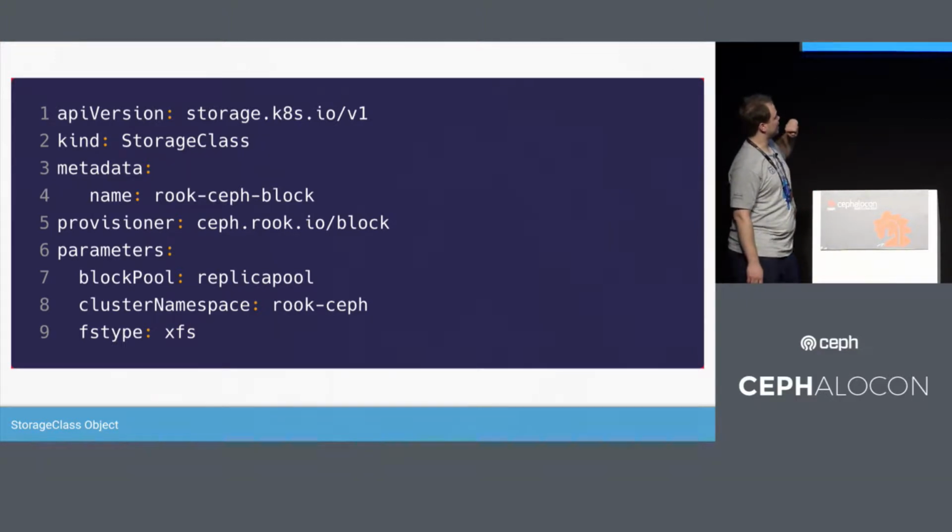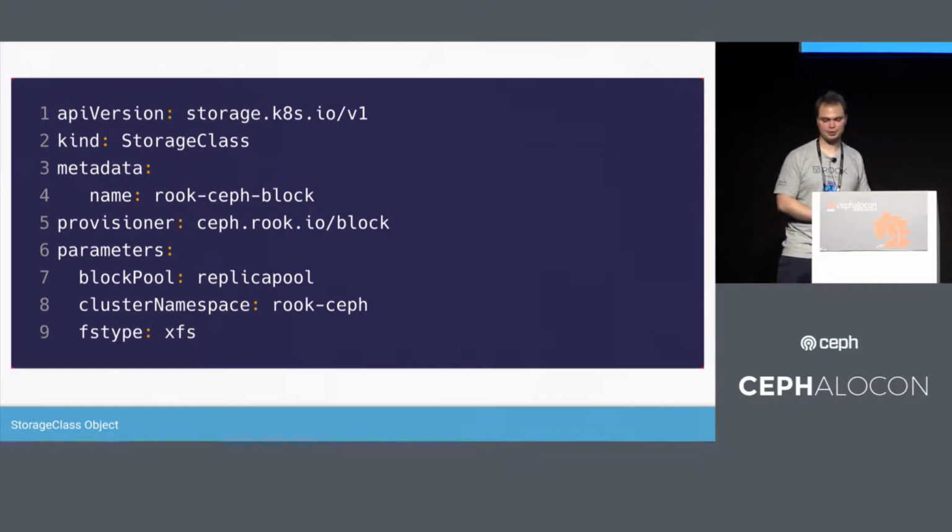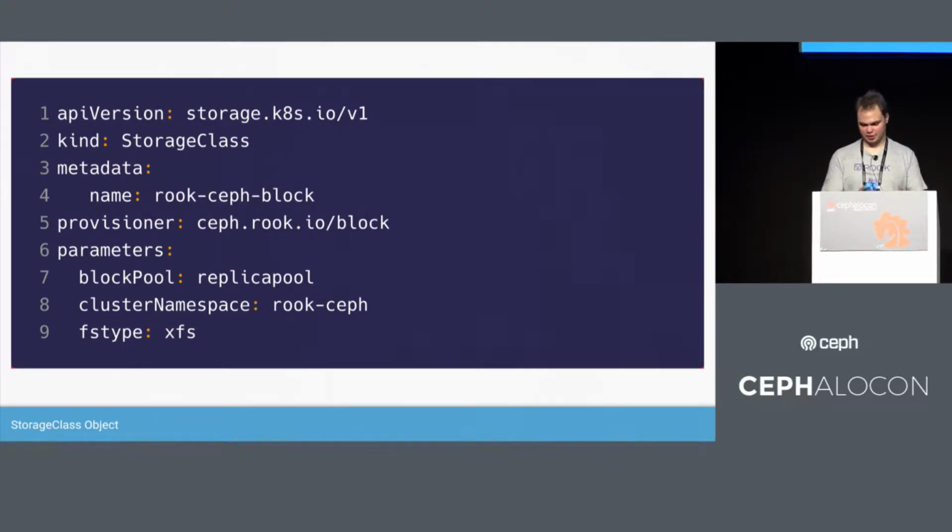You have the file system type, where you can say, do it XFS or ext4 on the block devices that are getting created there and in the end mounted. And this contains the information the operator again needs to create block devices, in this case, in the Ceph cluster.